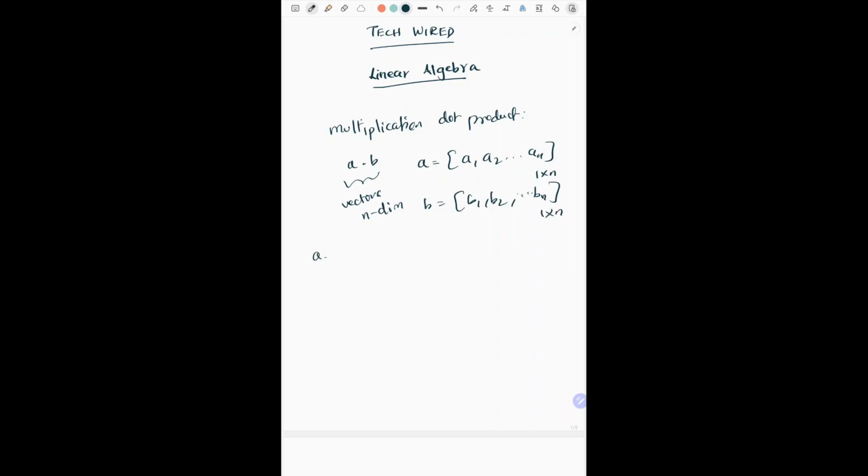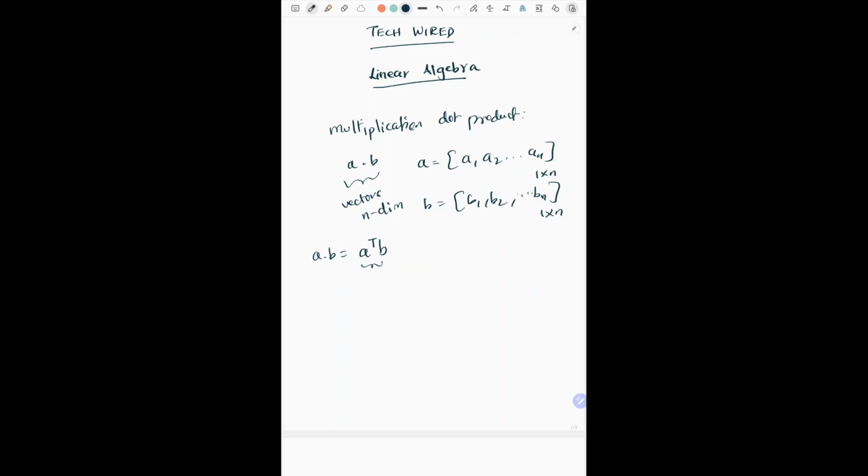A dot B can be written as A transpose B: you need to transpose either B or A. We will see what a transpose is in a minute. Then you do the normal multiplication.